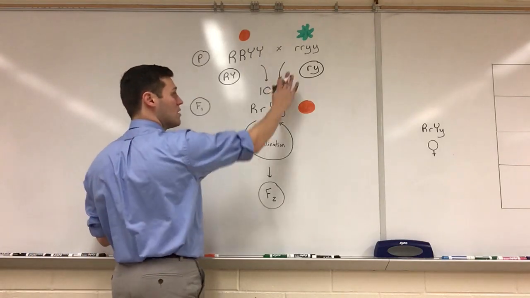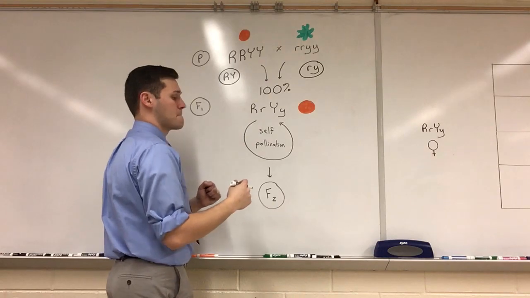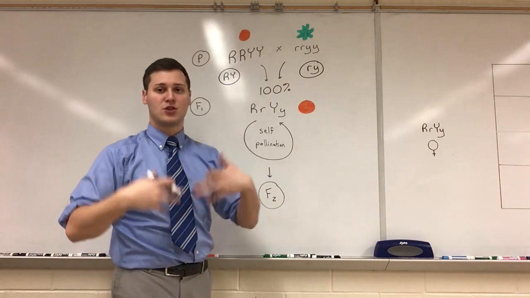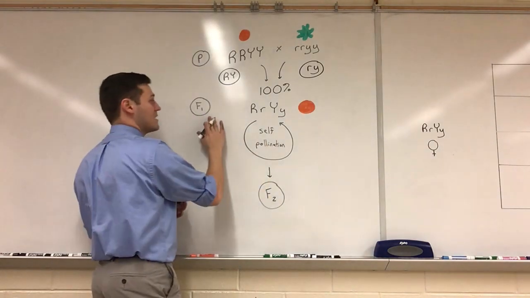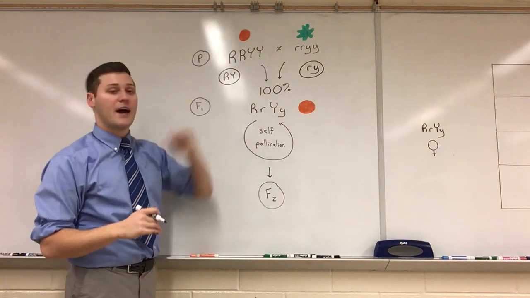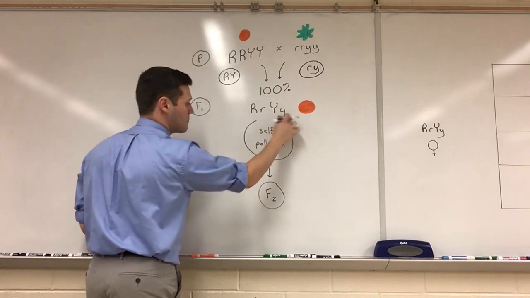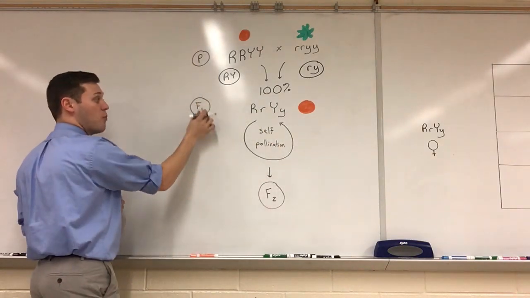So all of the resulting children in the F1 generation, the following generation, are going to be double heterozygotes. So they're going to be big R, little r, big Y, little y. And we call this the F1 generation.